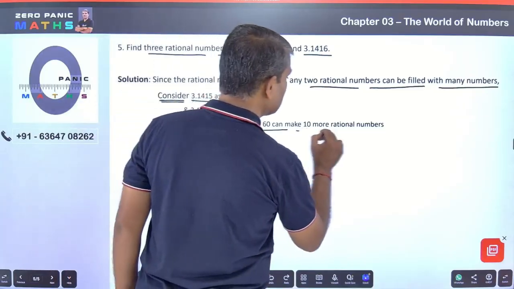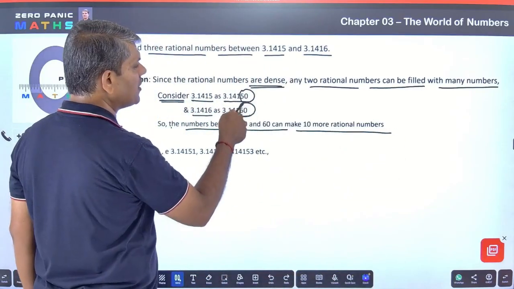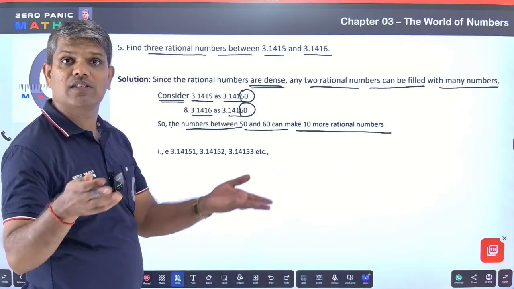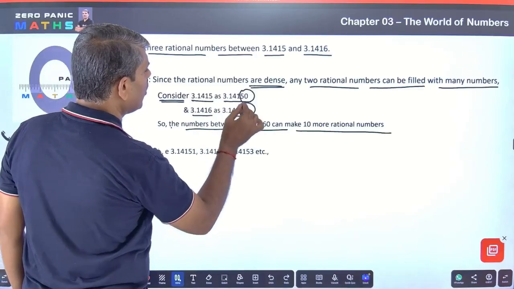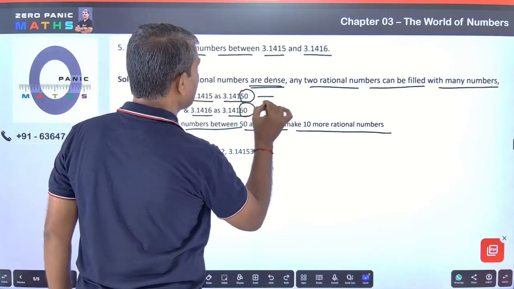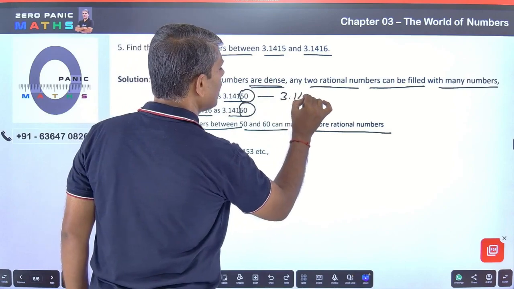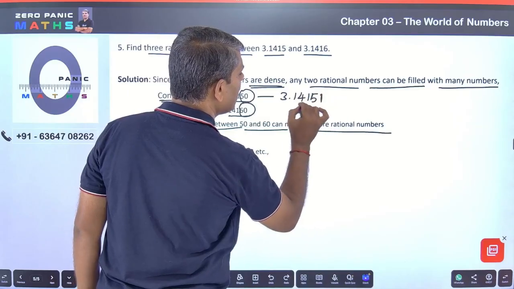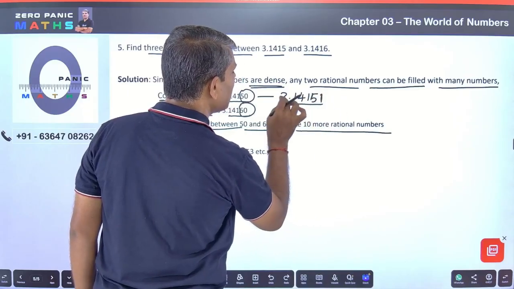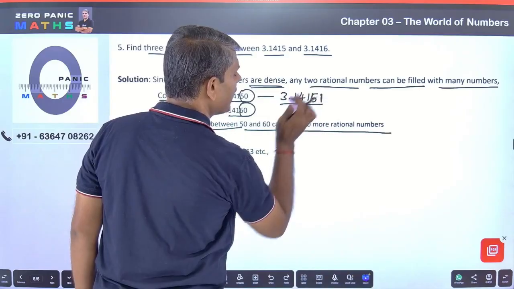I can get 10 more rational numbers between 50 and 60: 51, 52, 53, 56, like that. 3.1415 is one number. If I add 1 here, this is a number that comes after 3.1415.